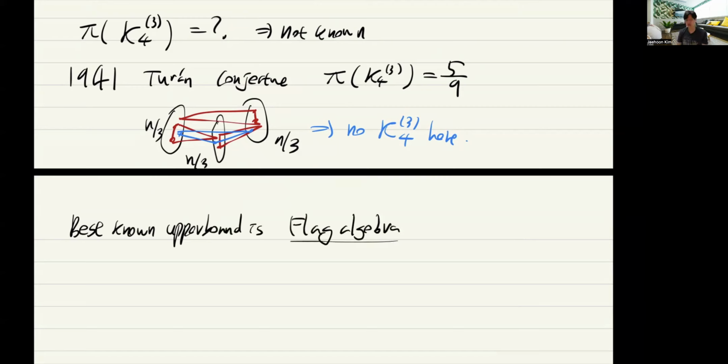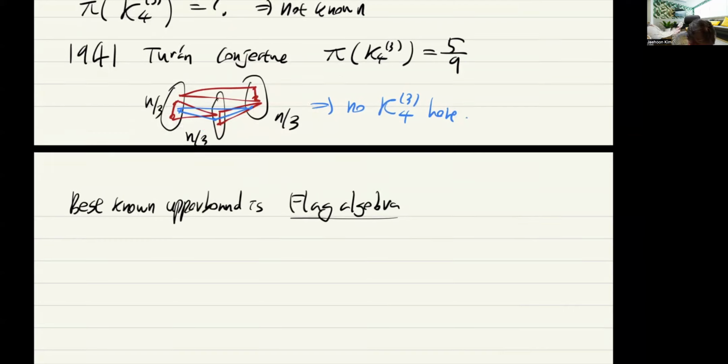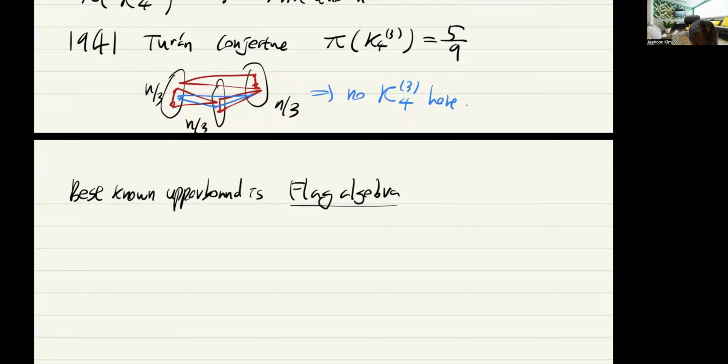That's a theoretical way to use computer computation to obtain inequalities. I will not discuss what it is, but using that, there are some upper bounds, developed by Razborov.